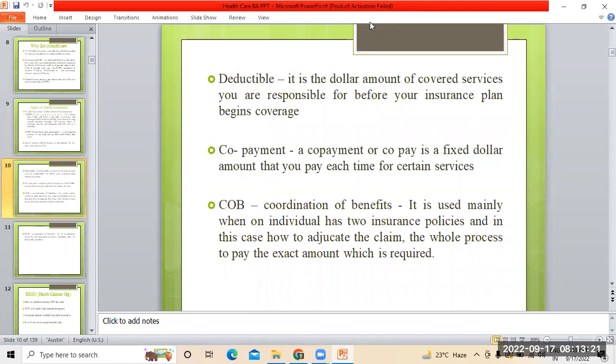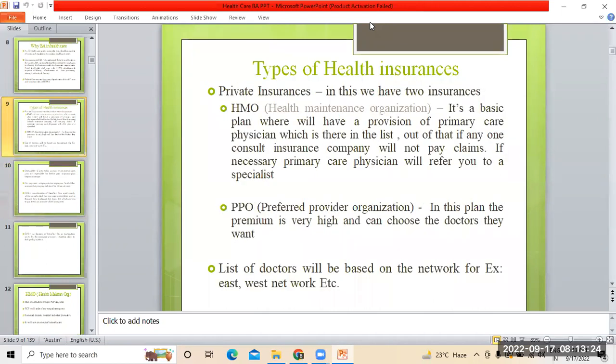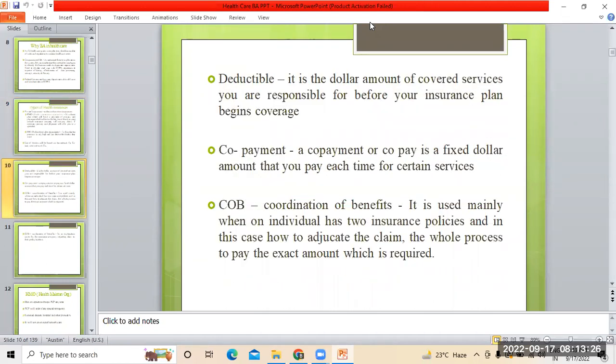Now, there are a few other terminologies which we need to understand and know. One is deductibles. Second, we need to know about the co-payment. Third, COB, followed by EOB.